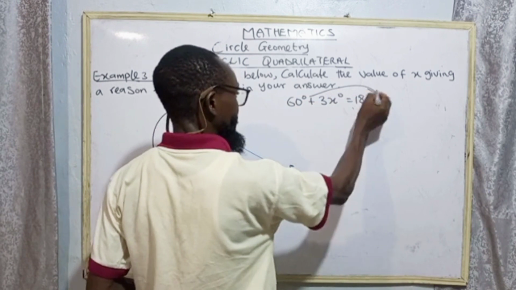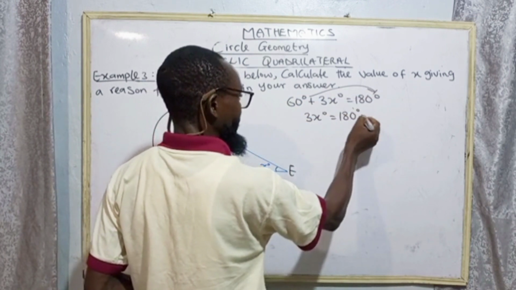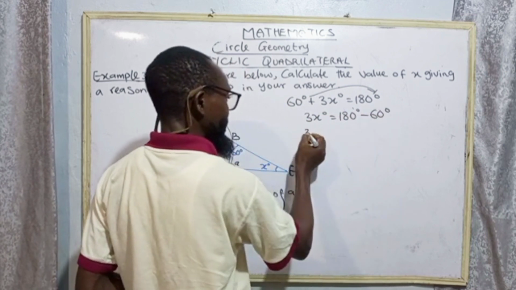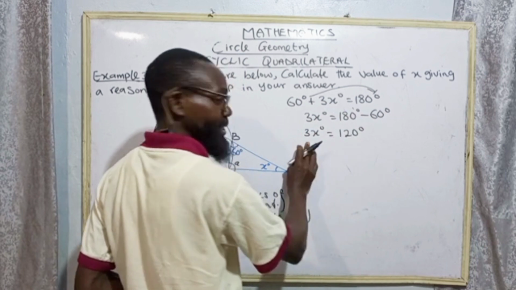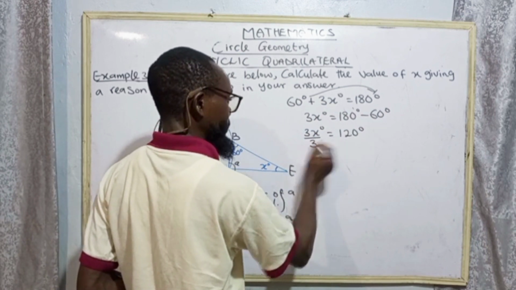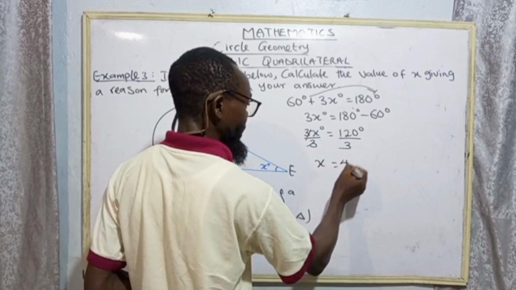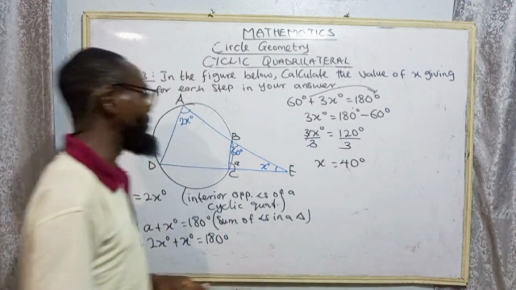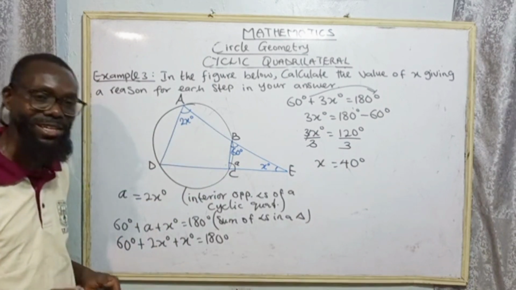Collect like terms: 3x degrees equals 180 degrees minus 60 degrees. 3x degrees equals 120 degrees. Divide both sides by 3. My x equals 40 degrees. So the value of x here is 40 degrees.